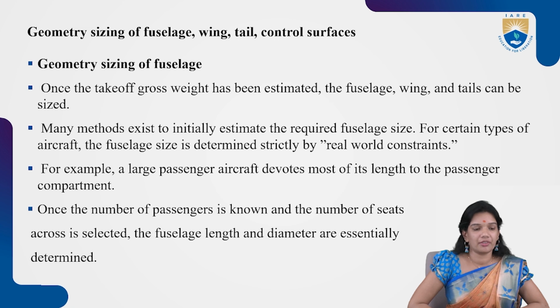Before we start with geometrical sizing of fuselage, wing, and tail, what we have done in the previous classes is we have calculated the takeoff gross weight, right? In the first module we did the takeoff gross weight estimation without a weapon drop or a payload drop.